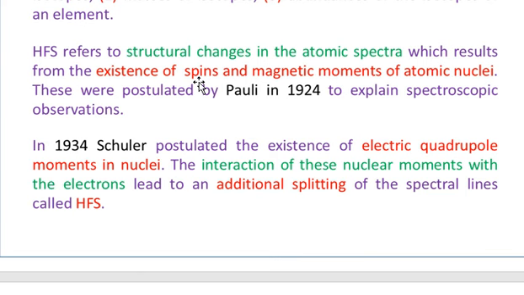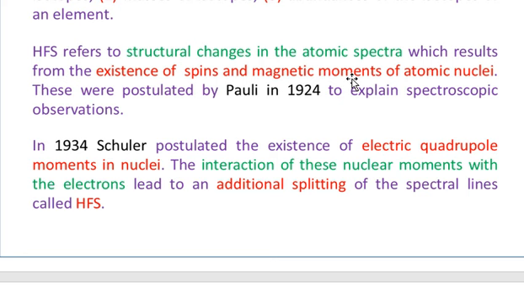So the nuclear spin and the nuclear magnetic moment, these two quantities related with the nuclei, are actually the core functions behind the hyperfine structure.